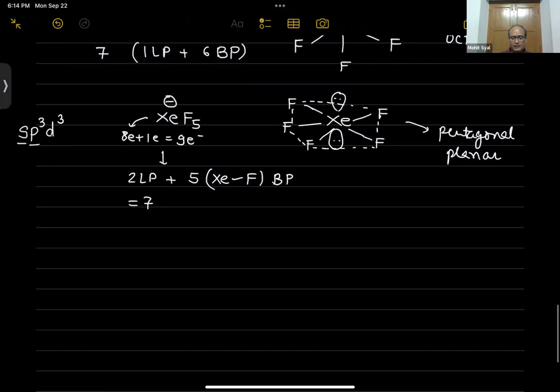Okay. Let's try to do one question, and then we are going to move towards the other part of the VSEPR. What is the shape of XeF5 plus?